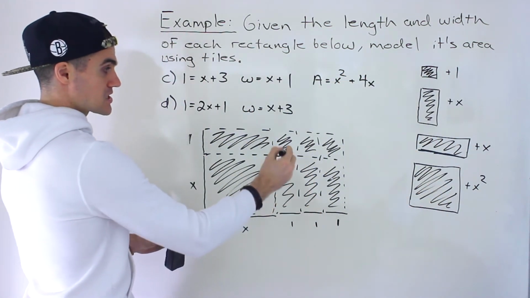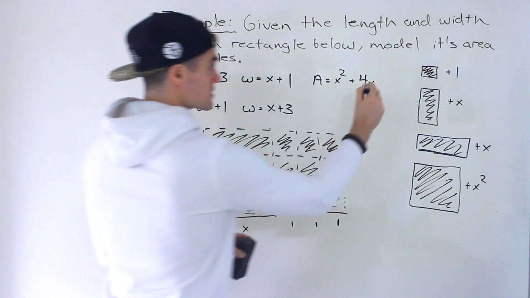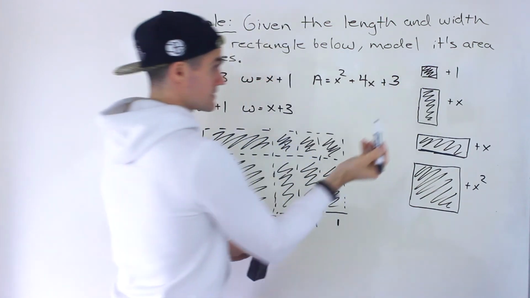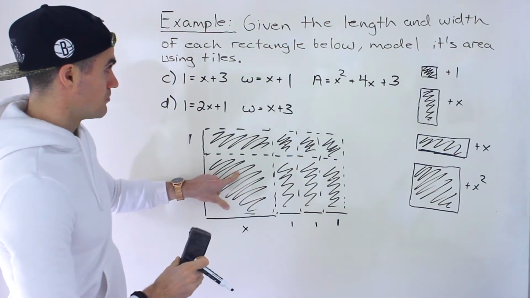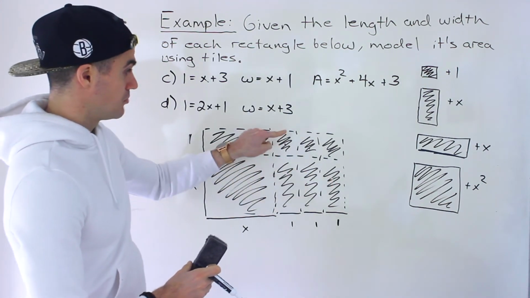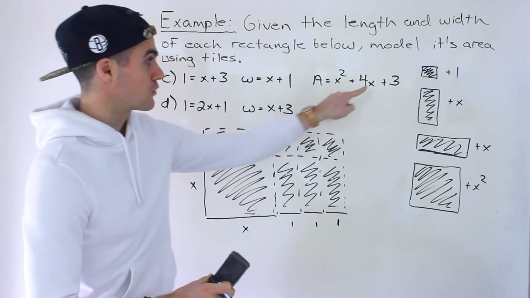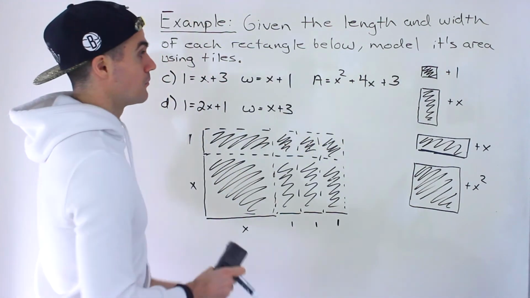And then how many small squares are there? We got 1, 2, 3. And so we would have plus 3 as the constant right there. Right, so x squared plus 4x plus 3 for the constant. The small squares just represent a number.